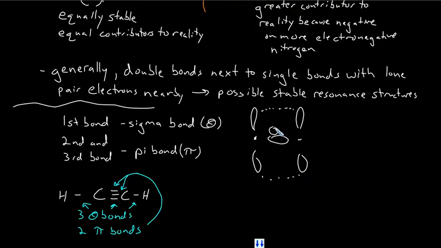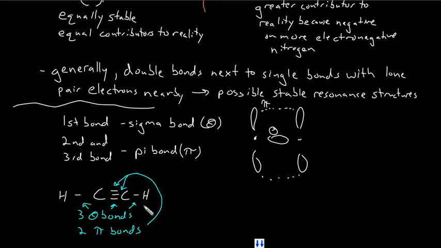So sigma bonds are harder to break than pi bonds because the electrons in a sigma bond are closer to the nucleus. So that's all you need to know, really, except for the fact that, most importantly for the AP, the first bond between two elements is sigma, and the second and the third bonds are pi bonds.